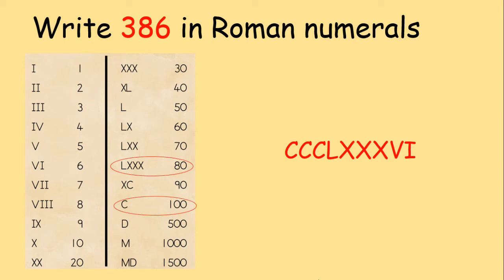I'm going to write that next to the 100 in my answer. Then I would find out how I need to write 6, which would be VI, and I'm going to add that onto my answer. So my answer would be C, C, C, L, X, X, X, V, I. Well done if you managed to get that.